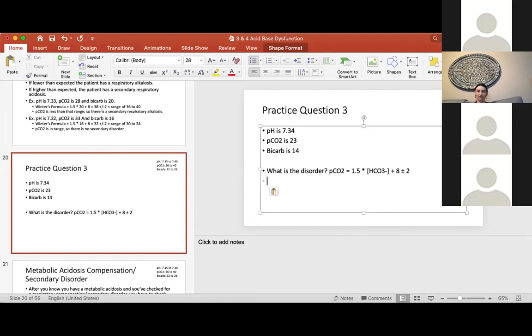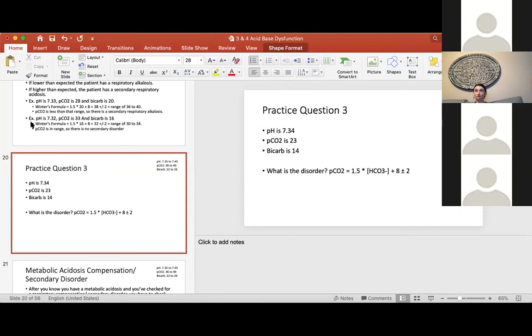I should have had a calculator out. 1.5 times 14 plus 8. What do we get? 29. Okay, so plus 2 is going to be 31, minus 2 is going to be 27. So 27 to 31.